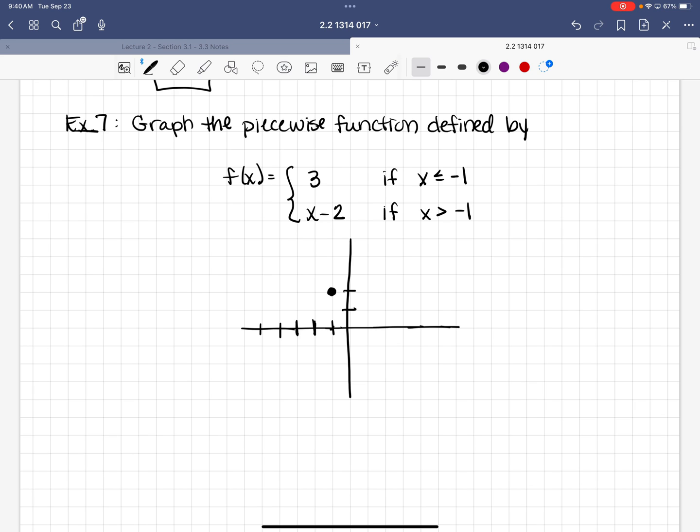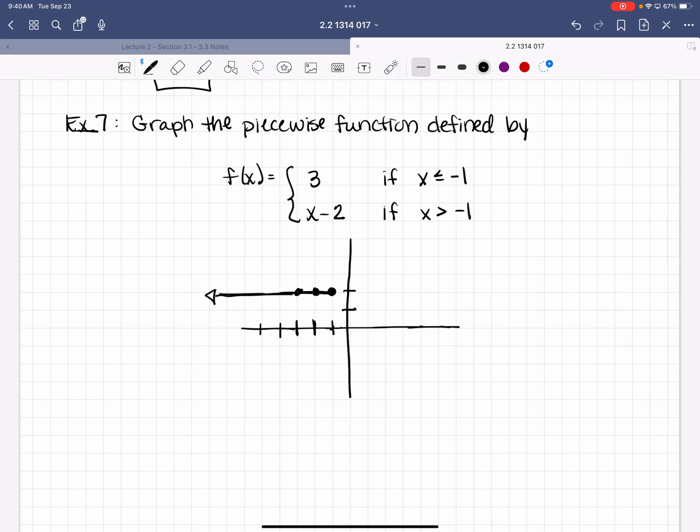What is it at negative 2? 3. What is it at negative 3? 3. See where we're getting those from, guys? If we pick a number that's less than negative 1, the answer is 3. Y is 3. That's all I've done, apply some of those points.